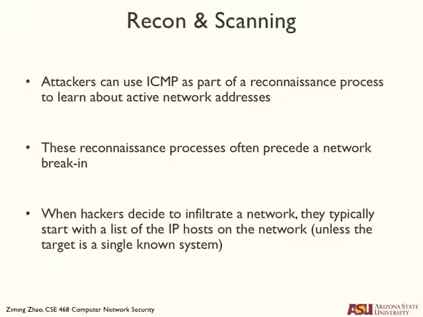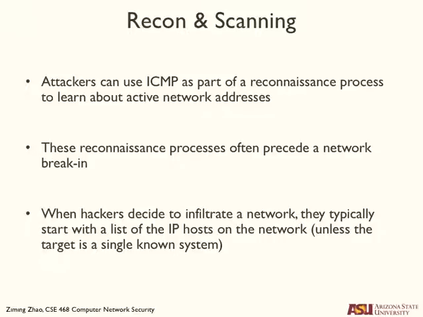So we talked about ICMP, and we know how it works, and we see its applications to identify network errors. So how can attackers use this ICMP to attack systems? So first, attackers can use it for reconnaissance and scanning.